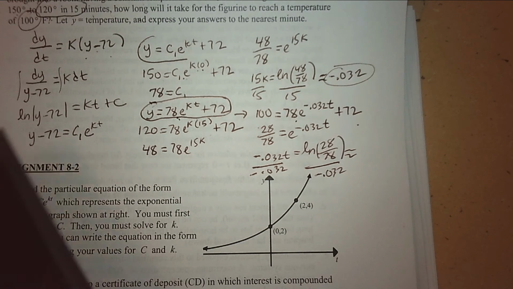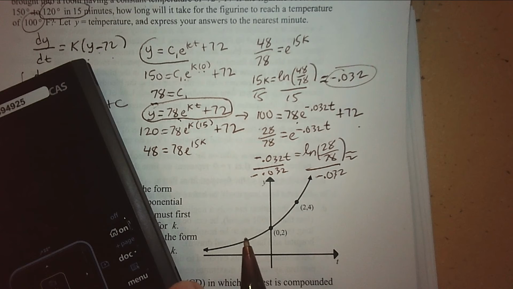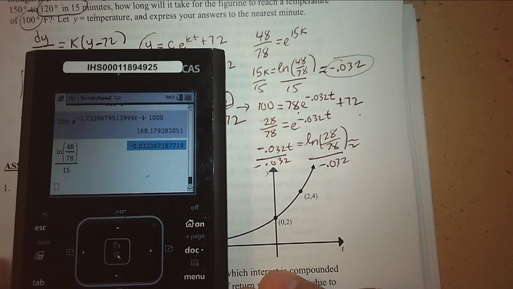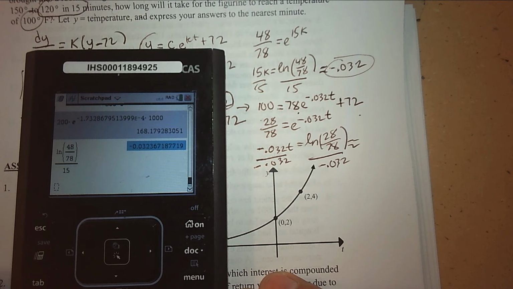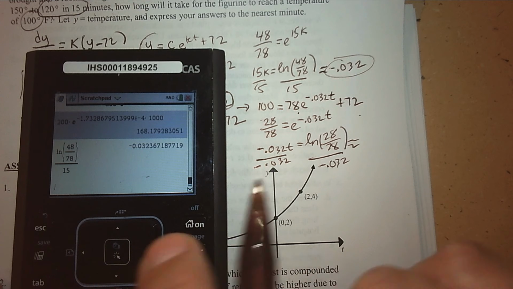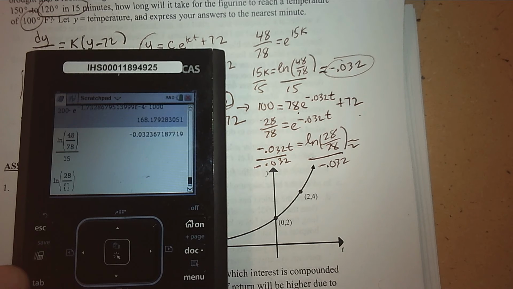All right, ln 28 over 78 divided by, now what am I going to do here after I divide?